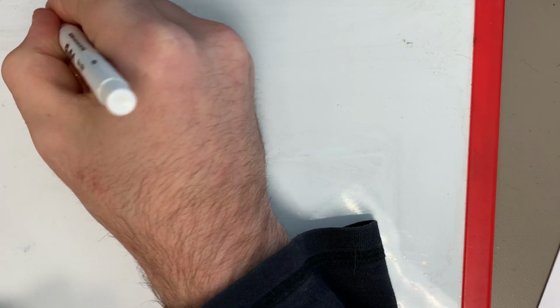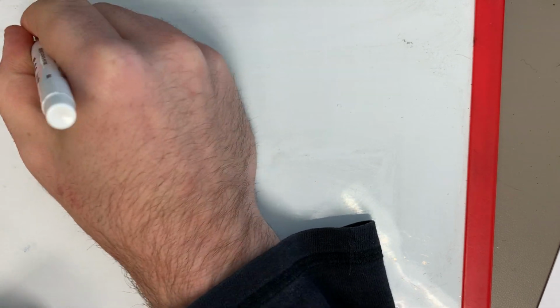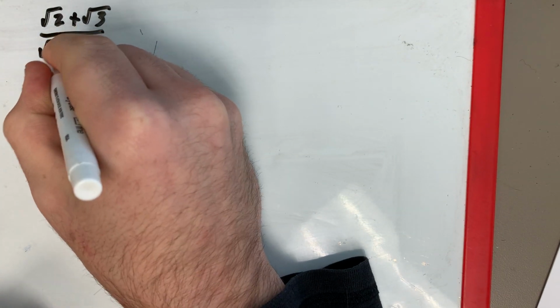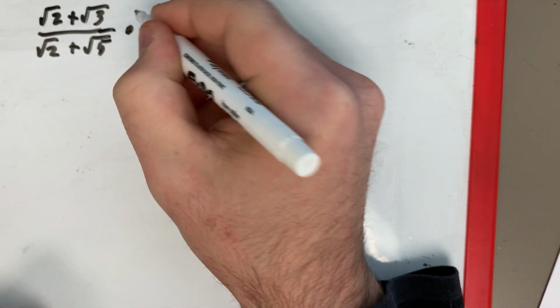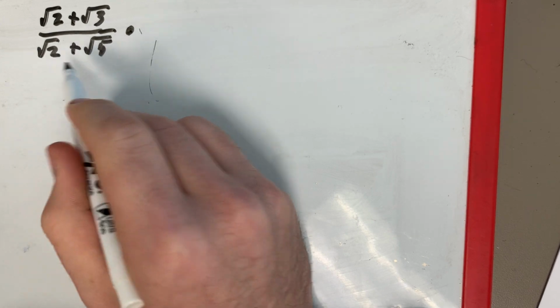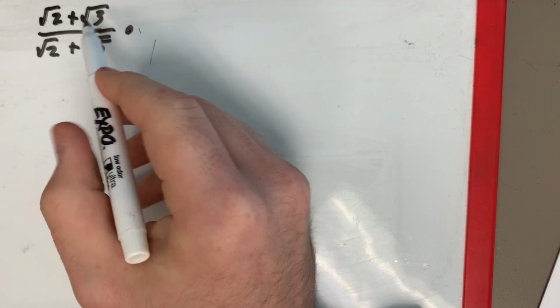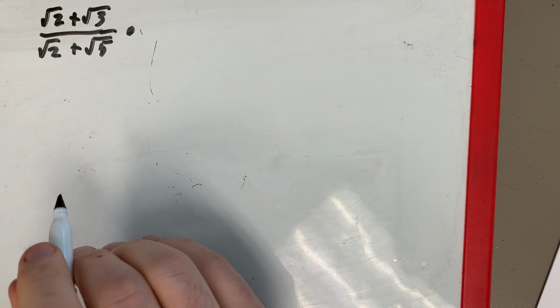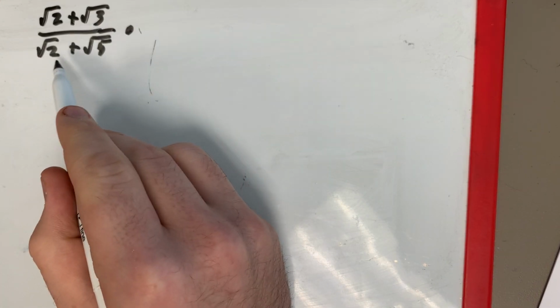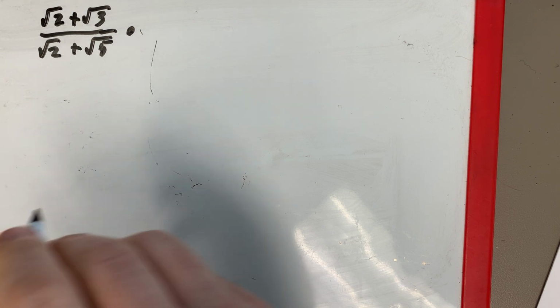We have root 2 plus root 3 over root 2 plus root 5. And the idea is to multiply by the conjugate of the denominator. Yes, I'm aware that we have radicals being added on top, but we don't really care too much about that. The goal is to get rid of the radicals in the denominator.